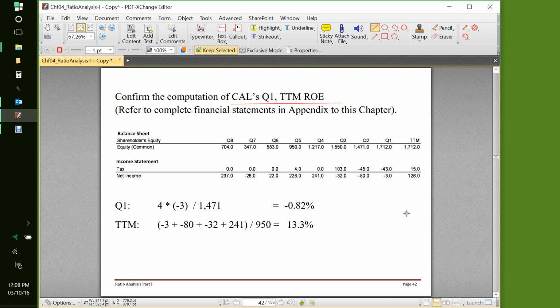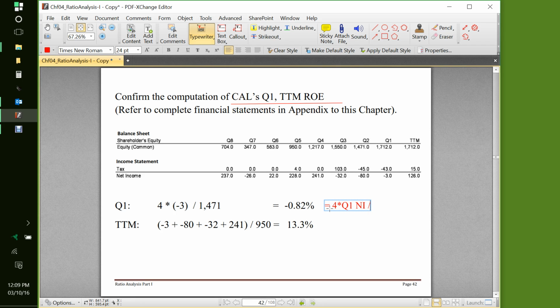So let's compute Continental's Q1 ROE. Let me just remind us of what that's going to be. This is going to be equal to 4 times the Q1 net income.